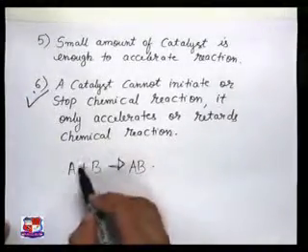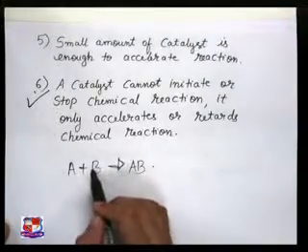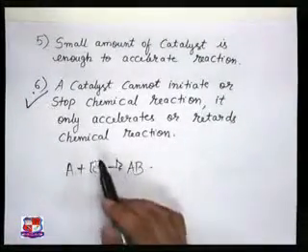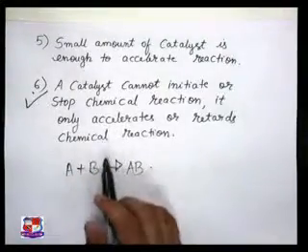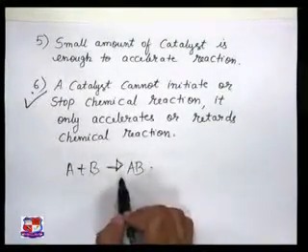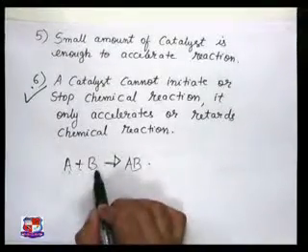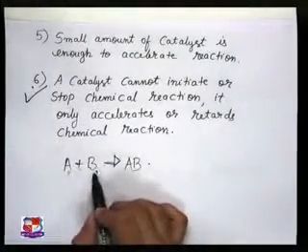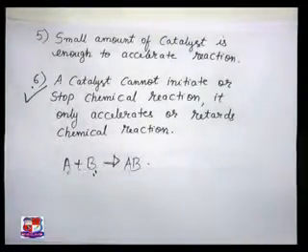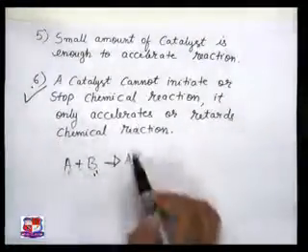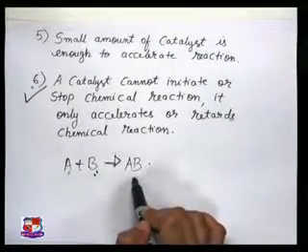It's not like you are adding the catalyst and the catalyst is then starting the reaction and then your product is formed. No, your catalyst will either fasten the rate of this AB reaction or it will simply slow down the rate of this reaction of reactants to product AB. That one has to remember. So if it accelerates the rate, then what happens? Product AB will be formed very fast.